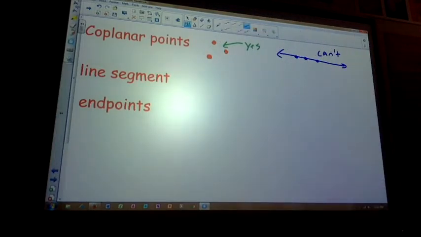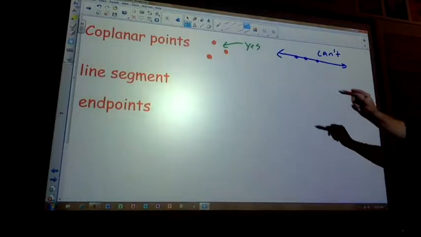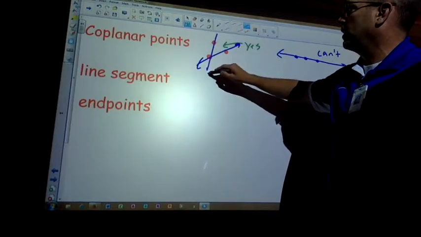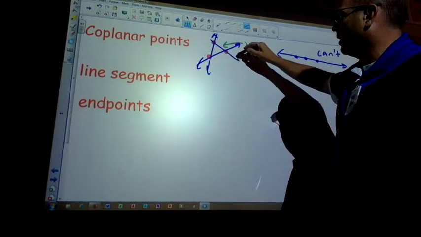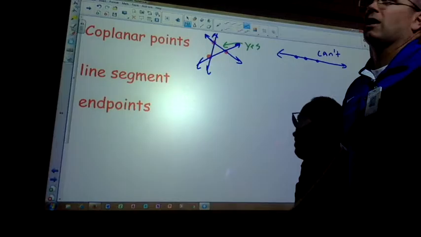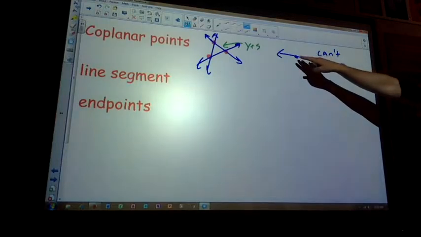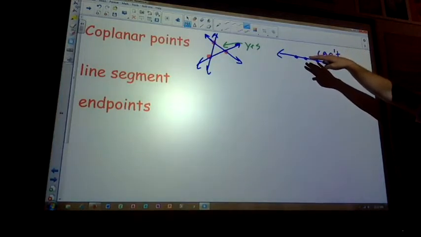So coplanar points, yes, obviously 2 of them will always be collinear. So I could create a line here, and a line here, and a line here. So I can create 3 separate lines, that's great. And 2 of those points each time are used on 2 different lines. So I can use that to define, but I cannot draw multiple lines through these 3 points because they're already collinear.